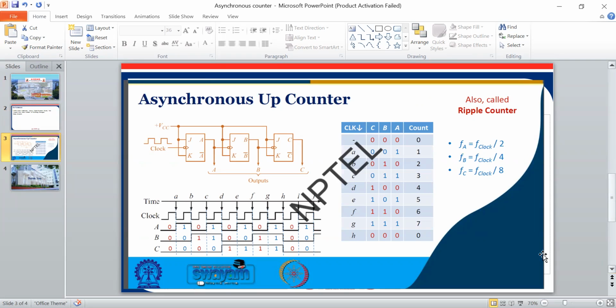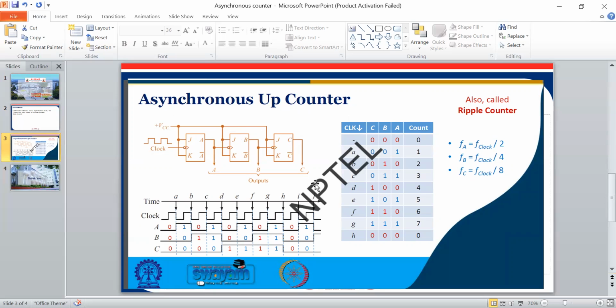This is the block diagram of asynchronous up counter. As we know, in case of asynchronous counter, the external clock is not applied to all the flip-flops.